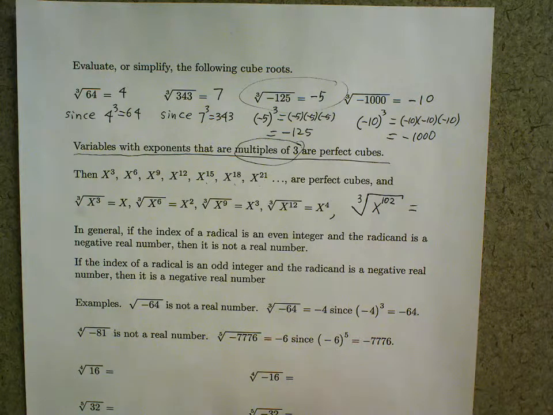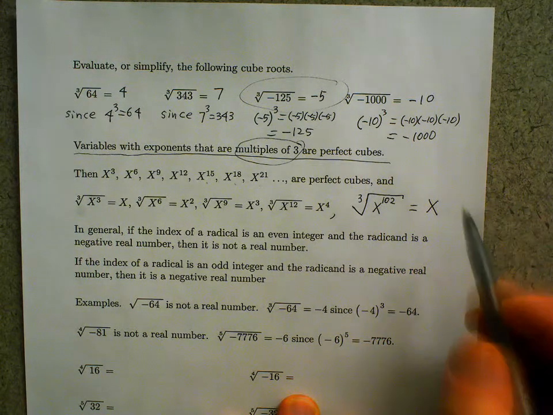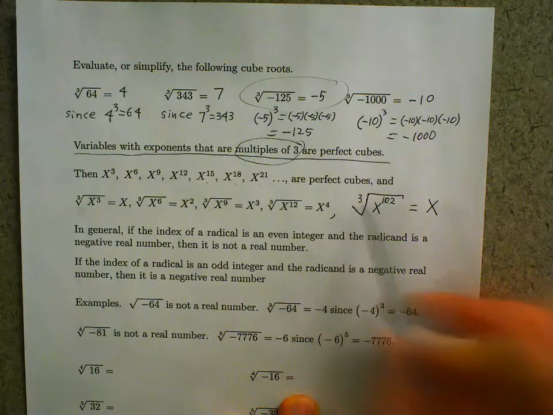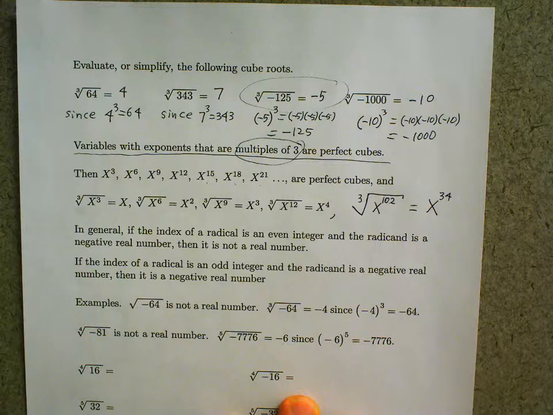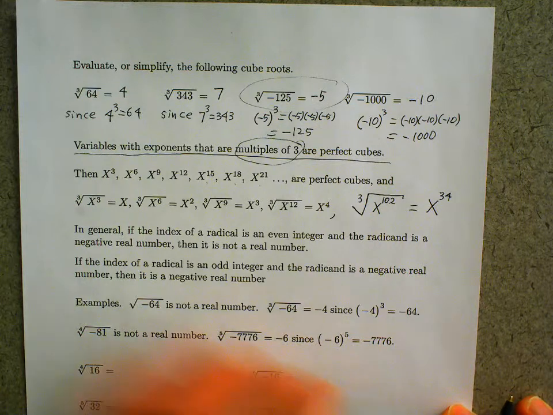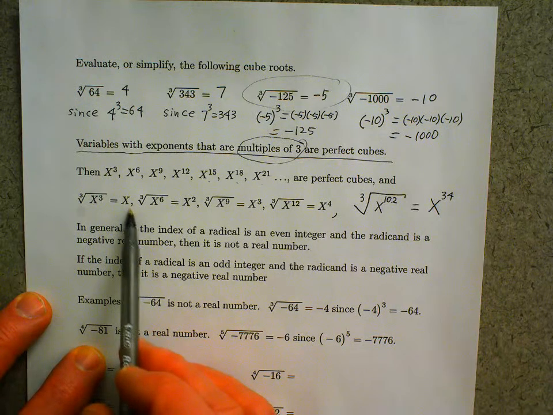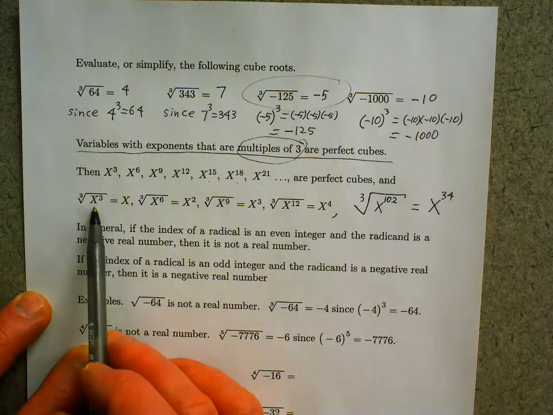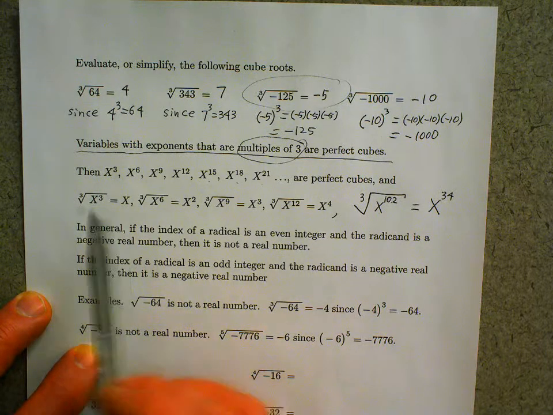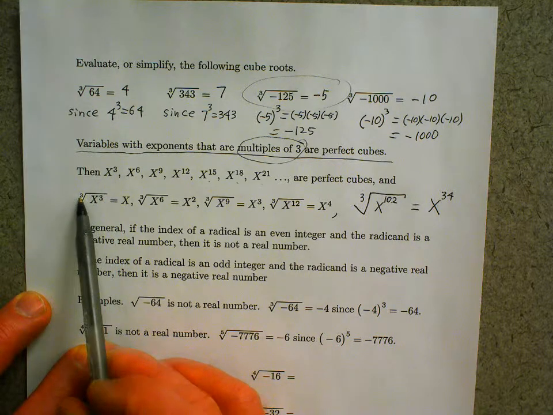Okay, I have a couple of answers online. It's x to the 102 divided by 3, which is 34, x to the 34th. Note that's how we can simplify the cube root of a variable term that is a perfect cube. When we simplify, we divide the exponent on the variable by the index.